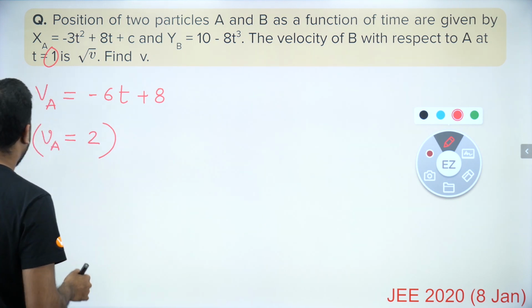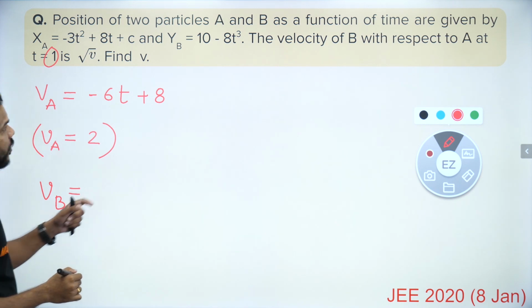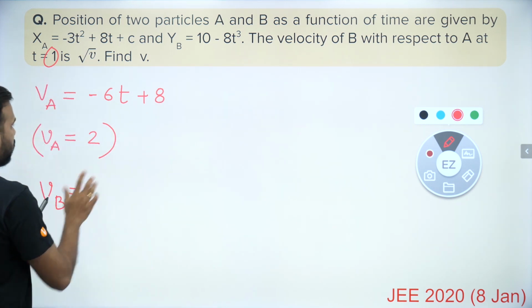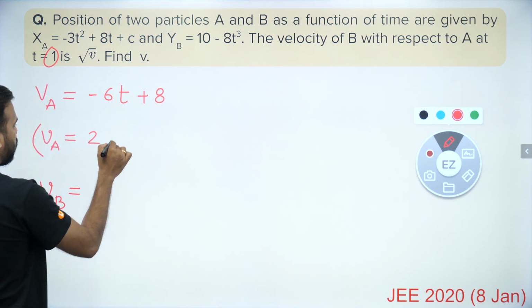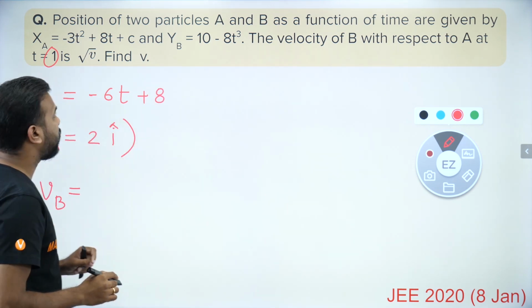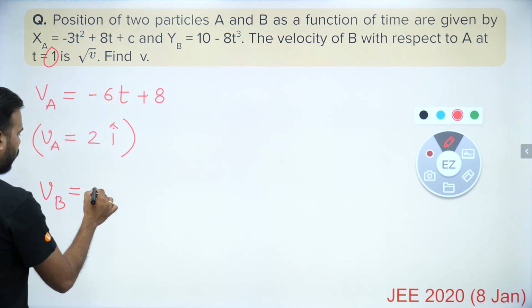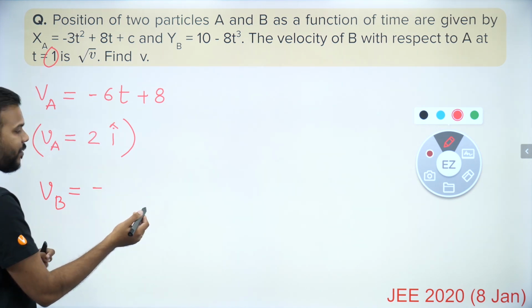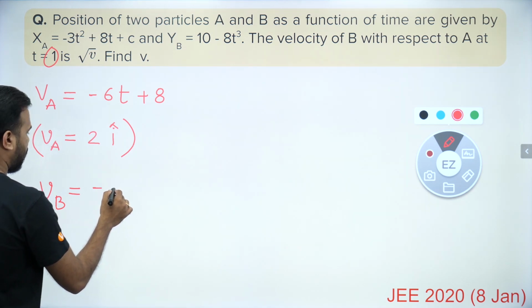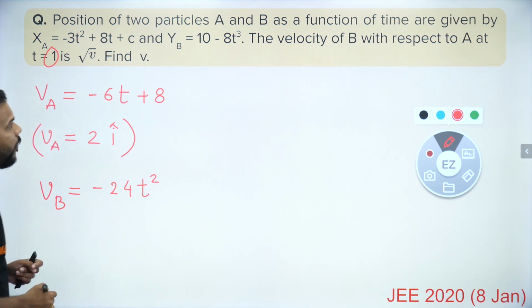Next thing is velocity of B, which is differentiation of this. And one thing I forgot to mention, because it is on x-axis, let's write it as 2i cap. If you differentiate this one, differentiation of 10 will be 0, differentiation of 8t cube will give you 8 as it is, and 3t square, that means 8 3s are 24 t square.